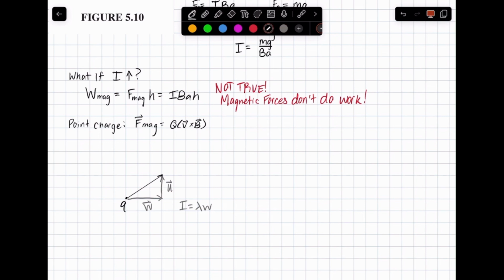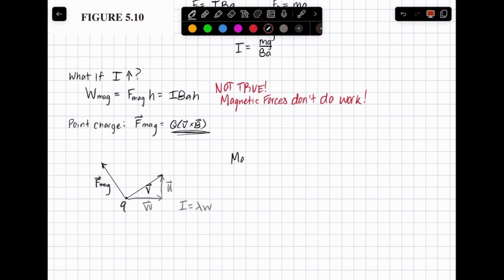By definition of this cross product, the magnetic force is always going to be perpendicular to the velocity vector V.